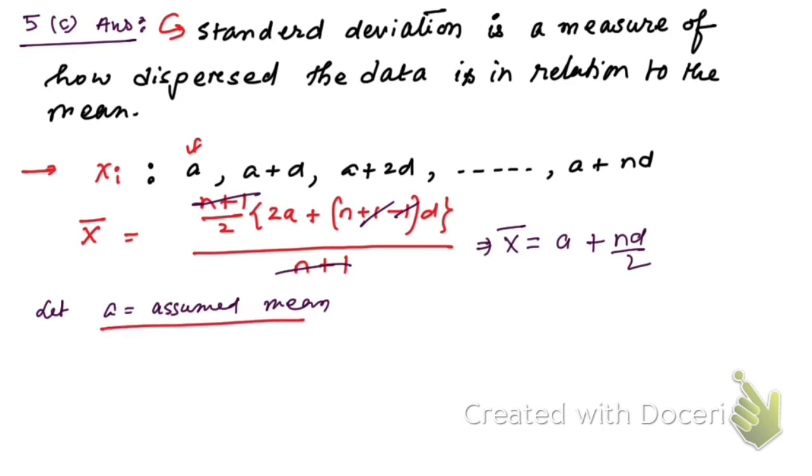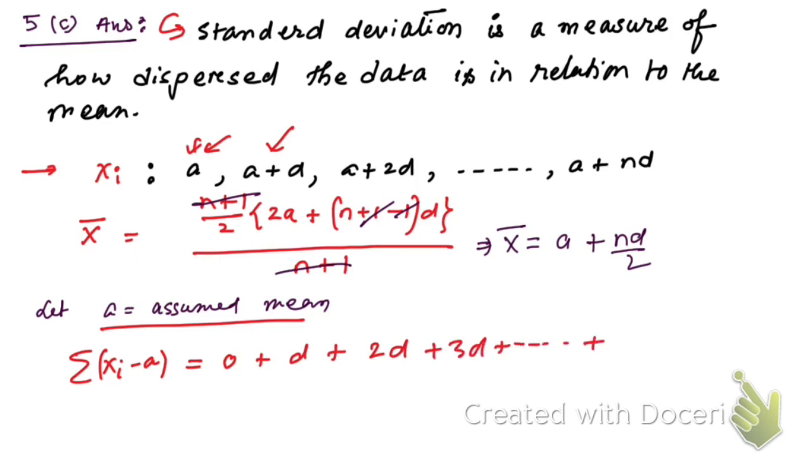Now we need to find the sum of xi minus a. If you subtract a from the first term, you get 0, then from the second term you get d, then 2d, then 3d, and so on up to nd.